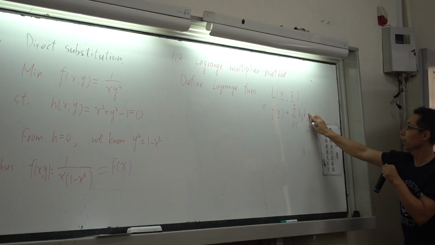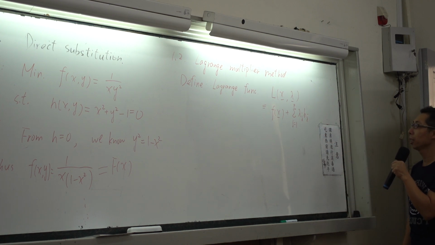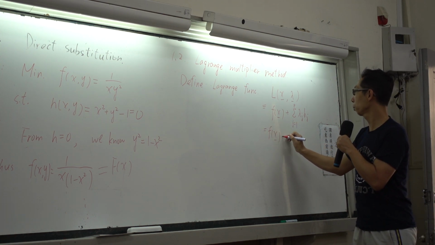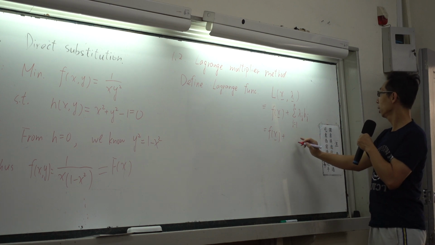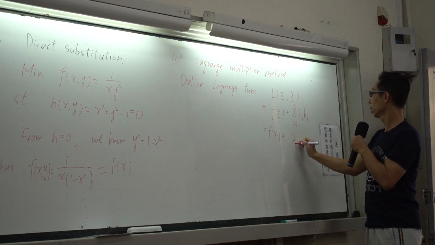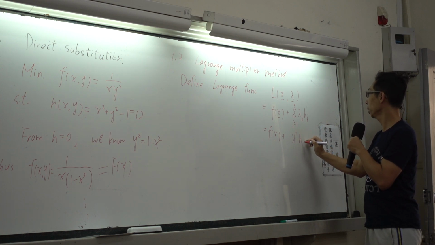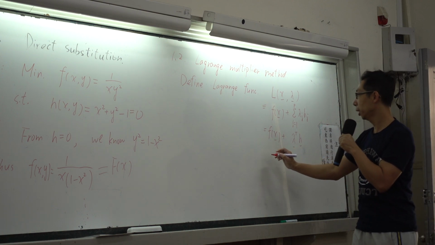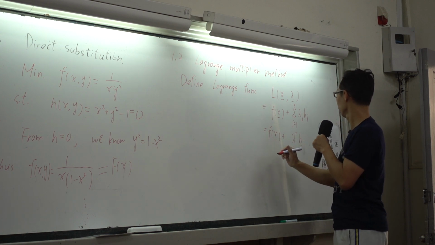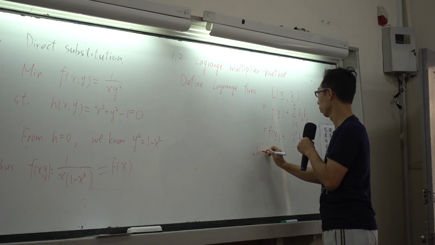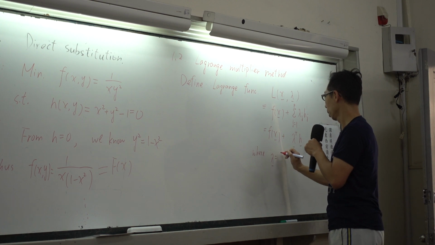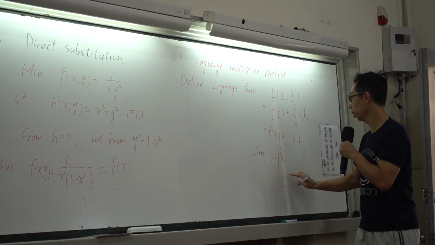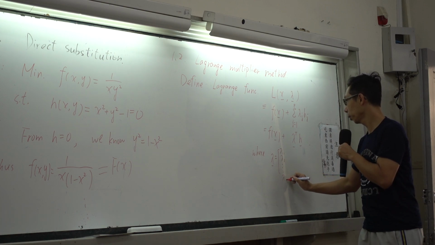So that's it. And if you prefer the vector format, we can write this down as f of x plus lambda transpose times h vector, where this lambda vector is, again, lambda 1, lambda 2, up to lambda sub p.